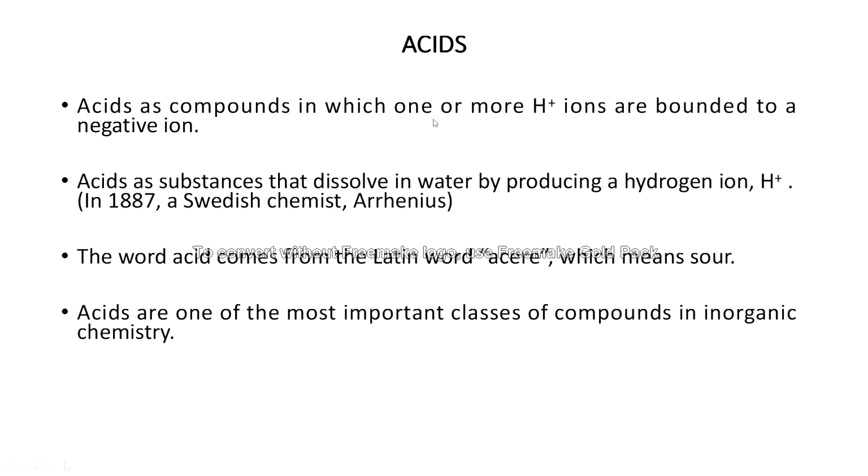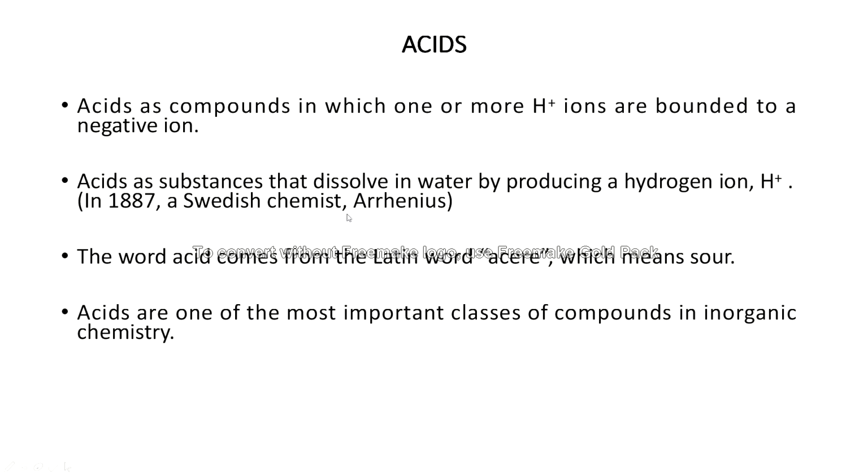And then we can also define acids according to Arrhenius, who said that acids are substances that dissolve in water by producing a hydrogen ion. So you may either use the first definition or the definition according to Arrhenius.